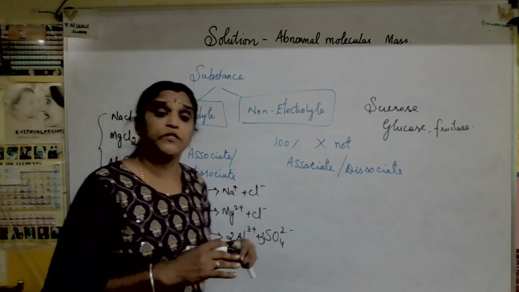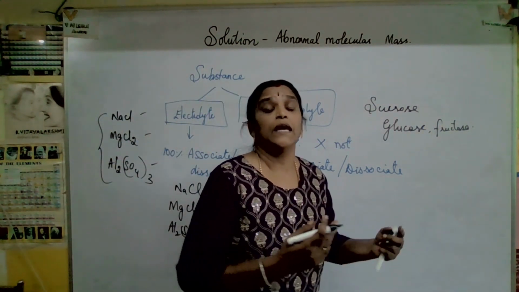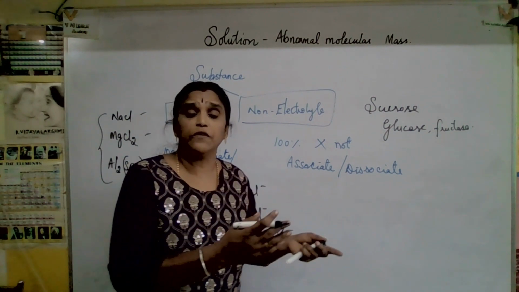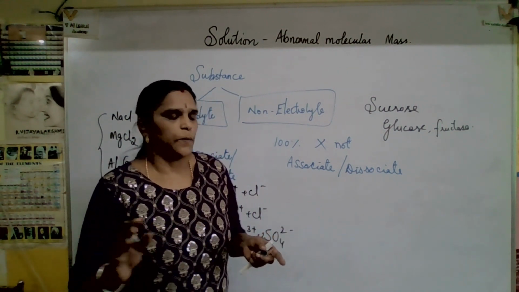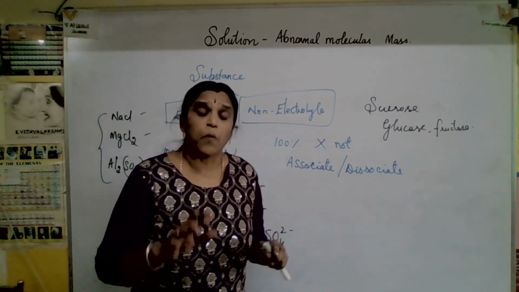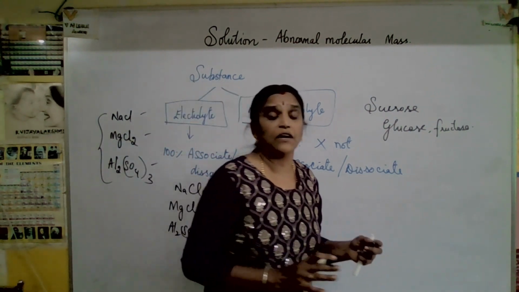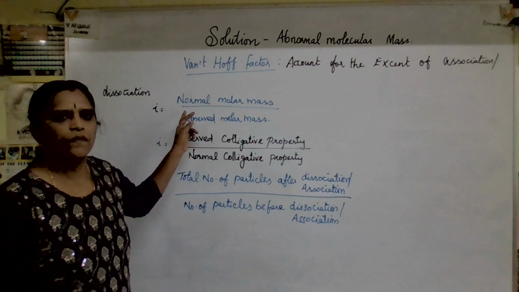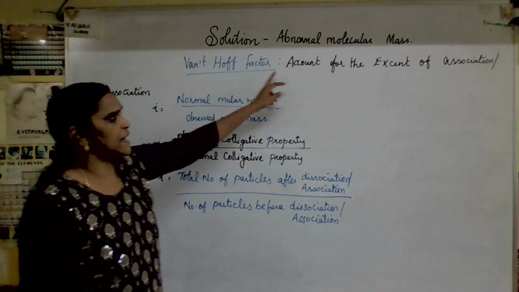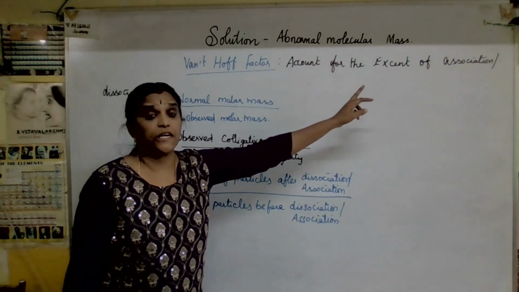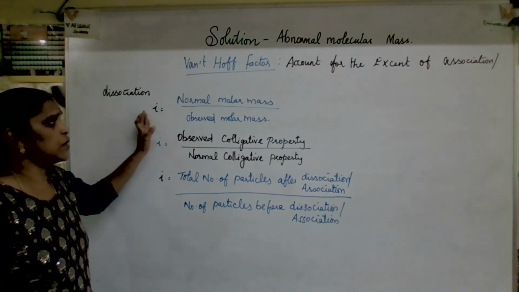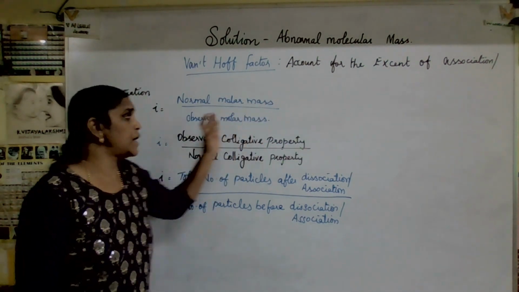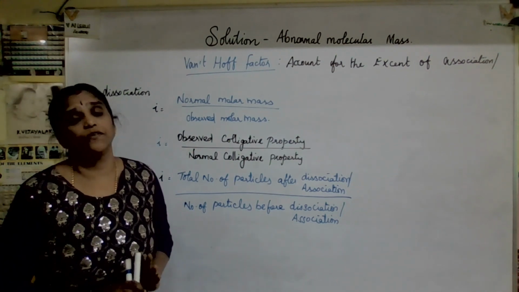So, if we consider the observed colligative property divided by the theoretical colligative property, this point is where the van't Hoff factor is introduced. The van't Hoff factor accounts for the extent of association or dissociation. i equals normal molar mass divided by observed molar mass.